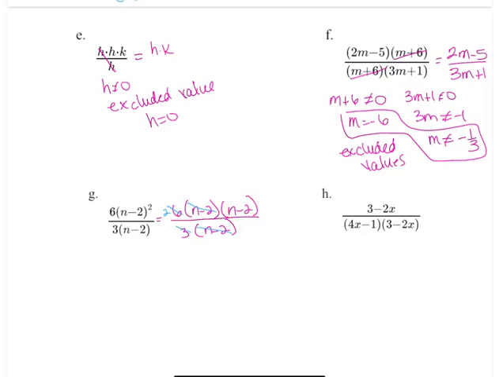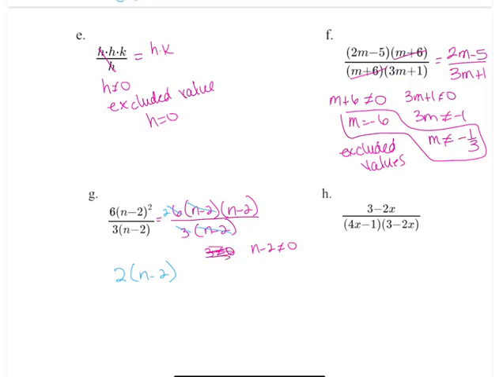So what do we have on top? Don't forget our 2, and then we have n minus 2. And our whole denominator has simplified out. But we have to look at our denominator to see if we have any of those excluded values, right? So we would have where 3 cannot equal 0 and where n minus 2 cannot equal 0.